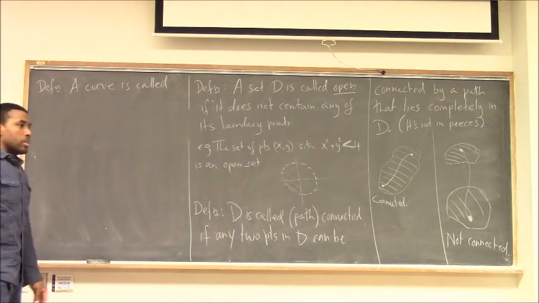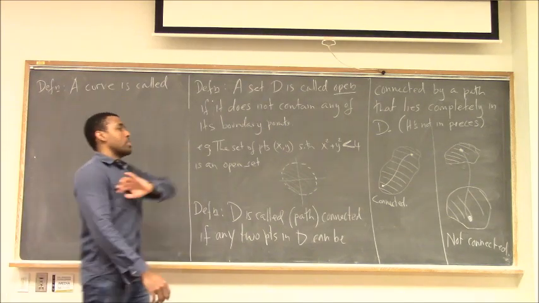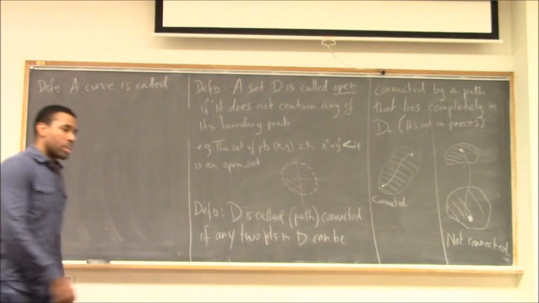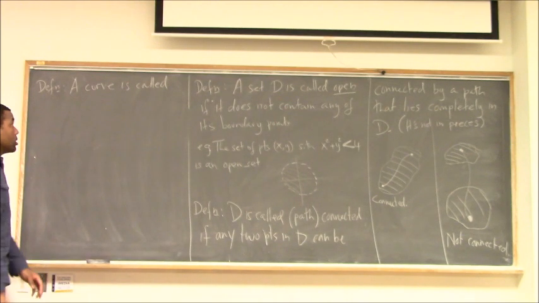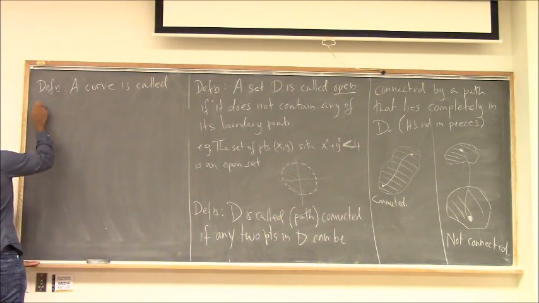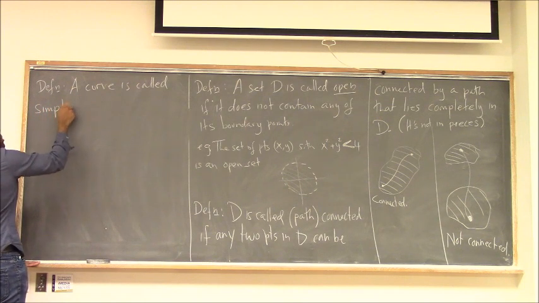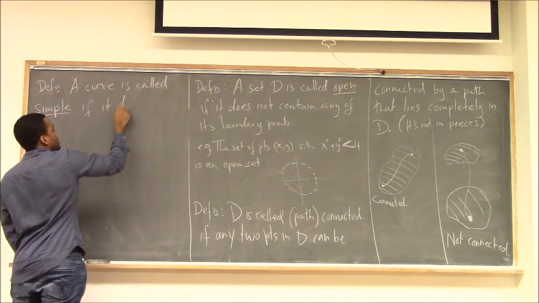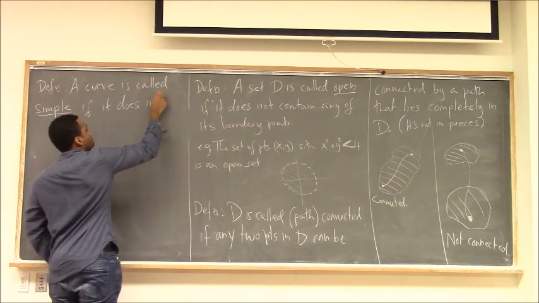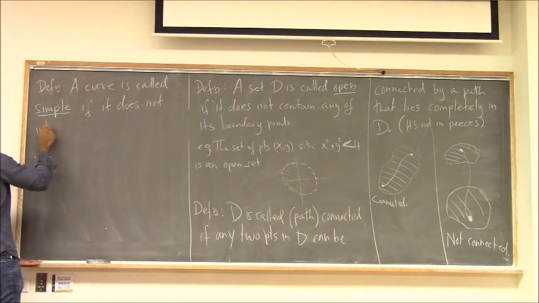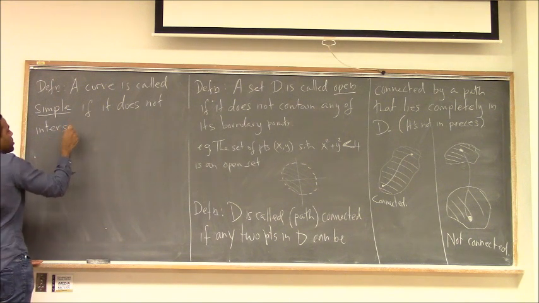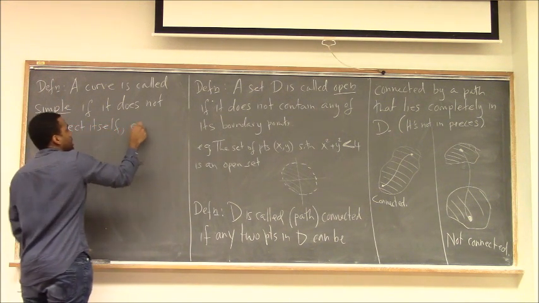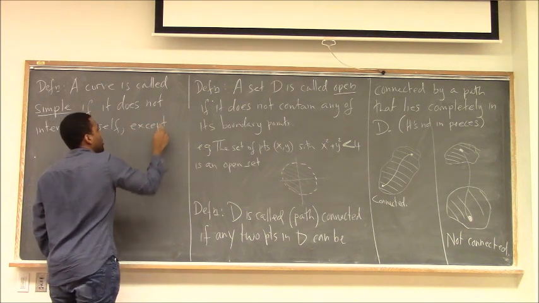Okay. So I'm going to tell you some theorems that only work on open sets that are connected, and the curves that we're connecting them with are called simple. So a curve is called simple if it does not intersect itself, except perhaps at its endpoints.